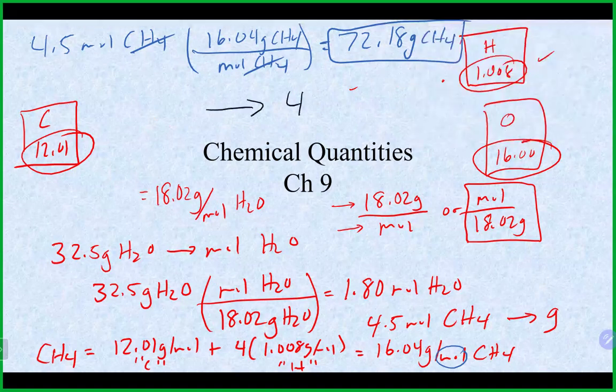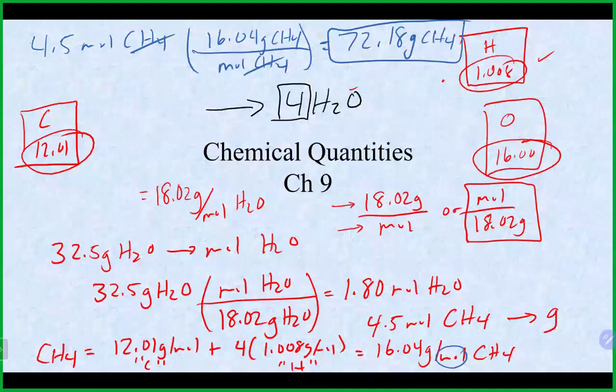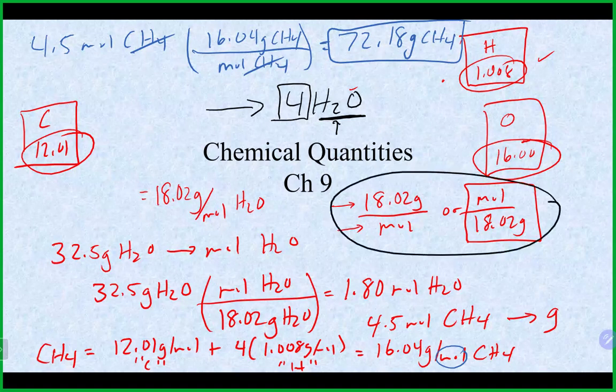Let's just say on one side they had 4 waters in the balanced equation, and they need to do the molar mass for a calculation. That 4 right there has absolutely nothing to do with molar mass. So whenever you calculate molar mass, it is only based off of the formula. So regardless if there's a 4 in front of water or a 42 in front of water, if you need the molar mass for water, it is still this number here, 18.02 grams per mole.